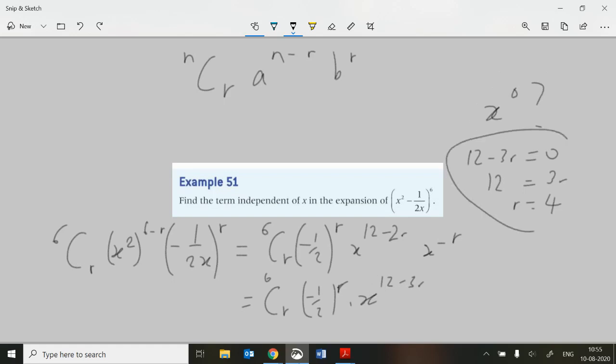So then we solve this thing over here. There we go, r is equal to 4. We can substitute that in there, and we'll end up getting our final answer just as before.